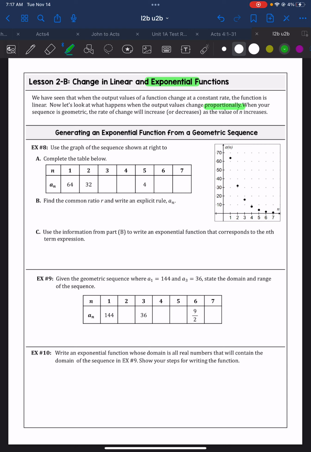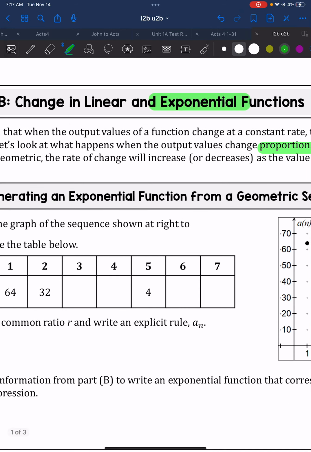When your sequence is geometric, the rate of change will increase or decrease as the value increases. And the easy way to remember this is which goes with which. Linear goes with arithmetic and geometric goes with exponential. Well, when I'm in geometric form, I look like this, a1 r to the n minus 1.